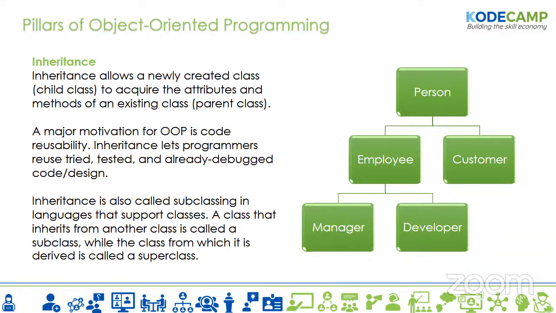From abstraction, when we went into encapsulation, we still had to use some understanding from abstraction. Now we are in inheritance, and the other two concepts are still going to be in use here.